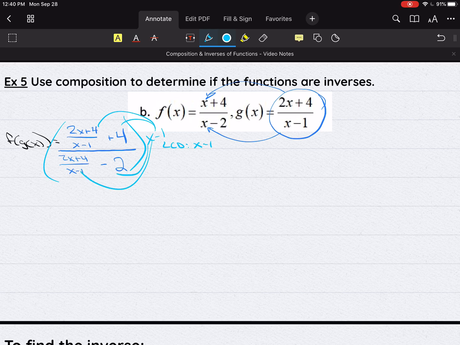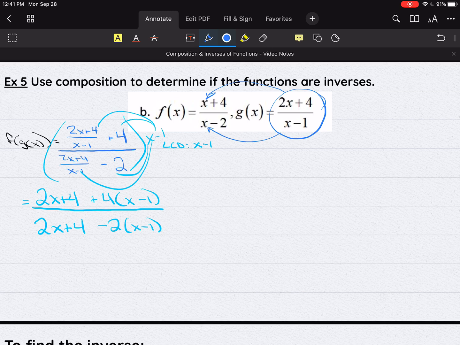So the x minus 1s would cancel in that first part. So I would have 2x plus 4, plus 4 times x minus 1. All over, again, the x minus 1s would cancel. So I would have 2x plus 4, and then negative 2 times x minus 1.